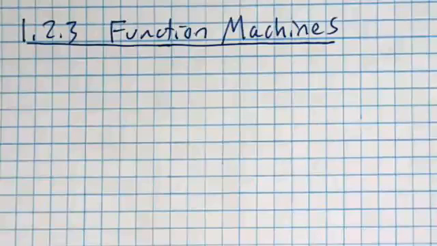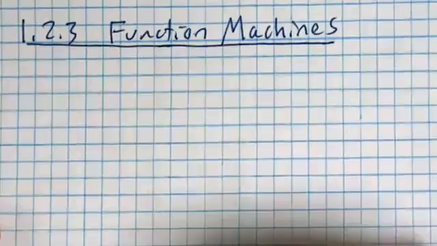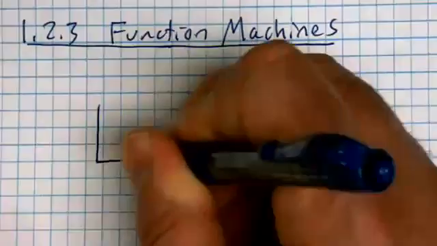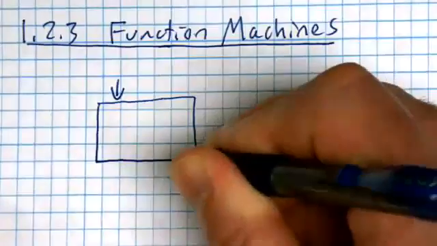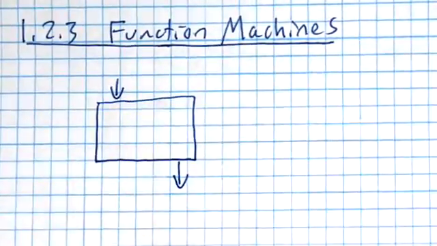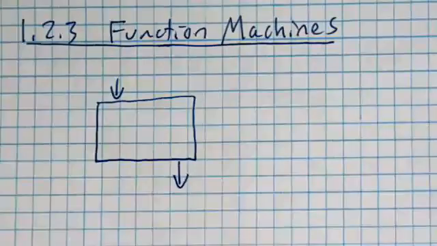All right, so here's the big idea. A function is kind of like a machine. I usually like to draw a little box with an arrow going in and an arrow coming out. Lots of machines like this you'll find in a factory. Something goes into the machine, something else comes out the other end.